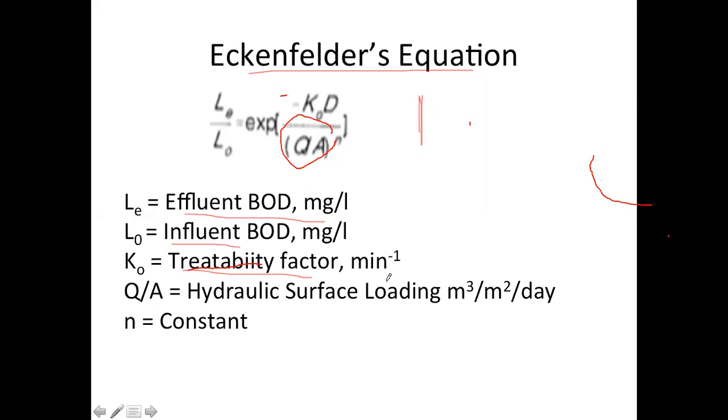The unit will be minute to the power minus 1, and Q by A is the hydraulic surface loading in cubic meter per meter square per day, and this N is a constant value which can be used in case we use the Eckenfelder equation.